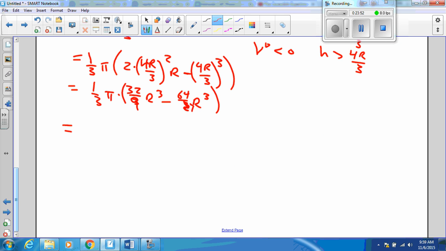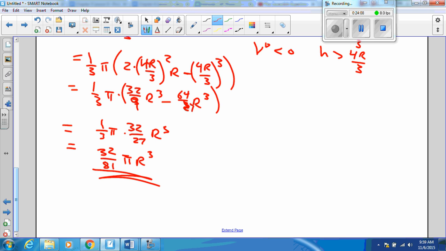And so that's going to give me, I need 3 of these, so I get 96 minus 64 is 32 over 27 r cubed, times 1/3 pi, and that's 32 over 81 pi r cubed. Yeah, and you get 32 over 3 pi when r is 3.